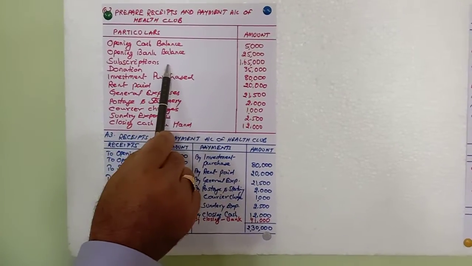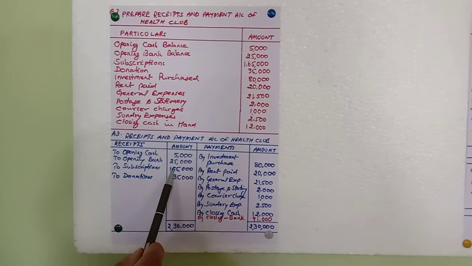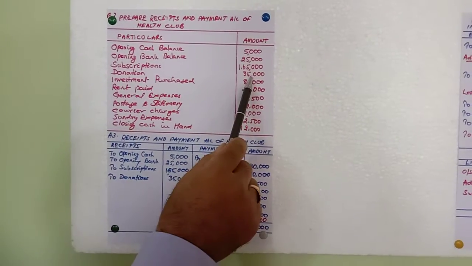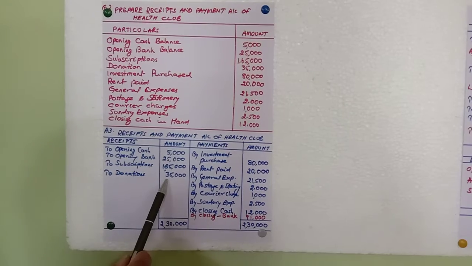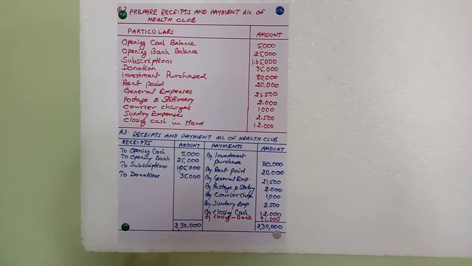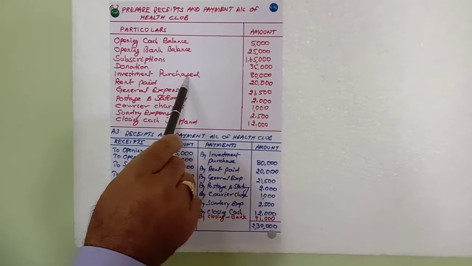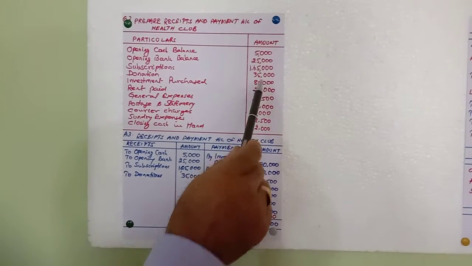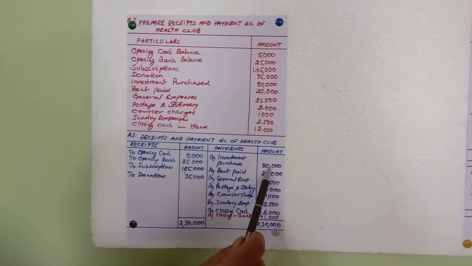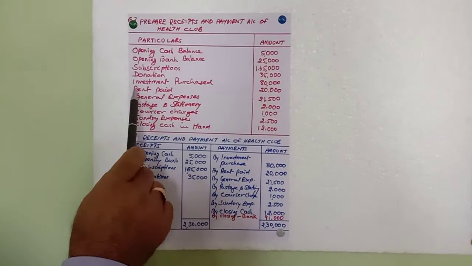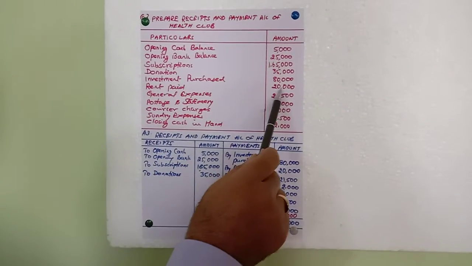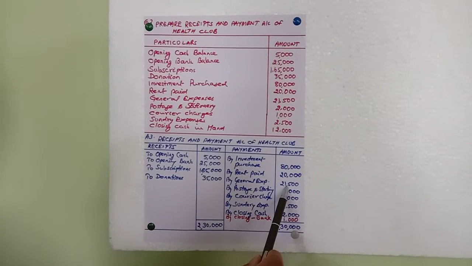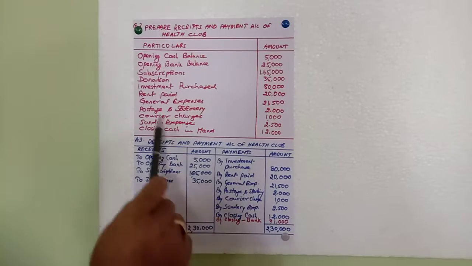Subscription is income paid by the members, so I have taken subscription. Donation 35,000 is also taken as income. Then investment purchased 80,000, money is going out, so investment purchase goes on the payment side. Rent paid is also a payment, so write here 21,500.